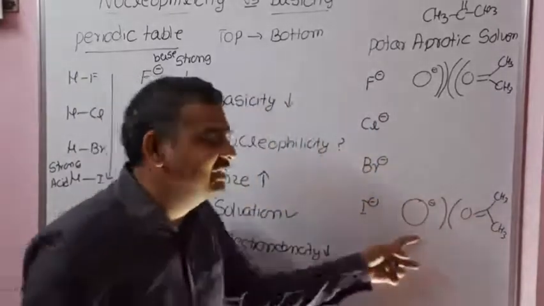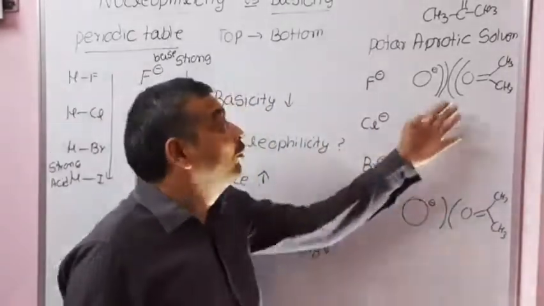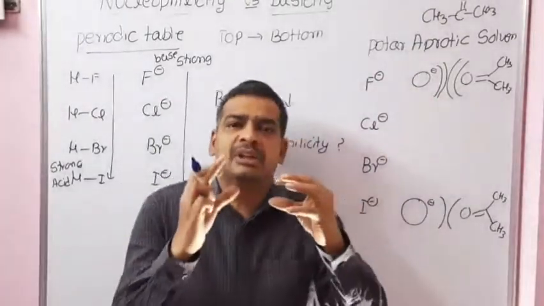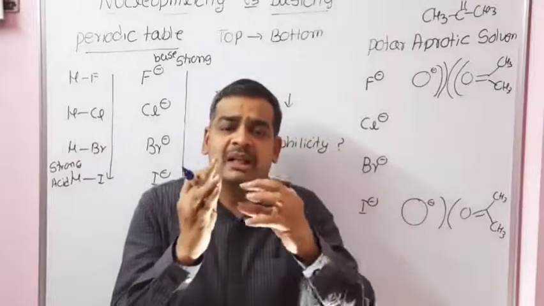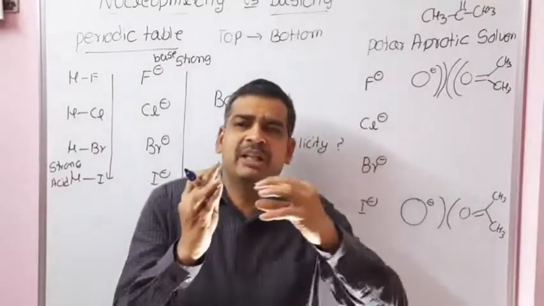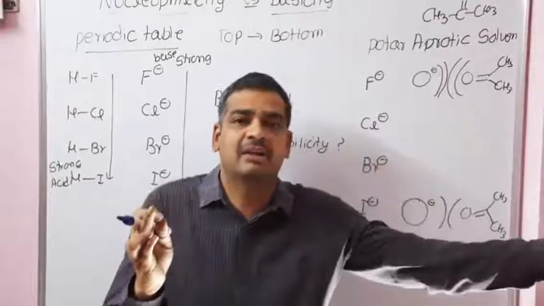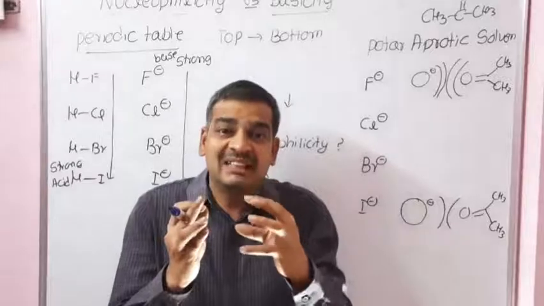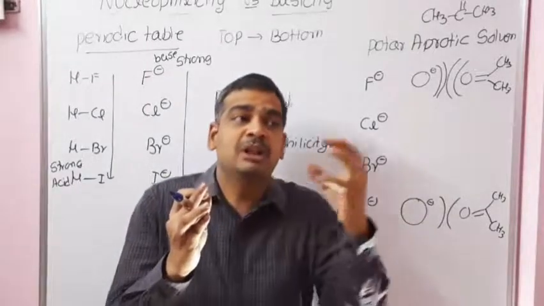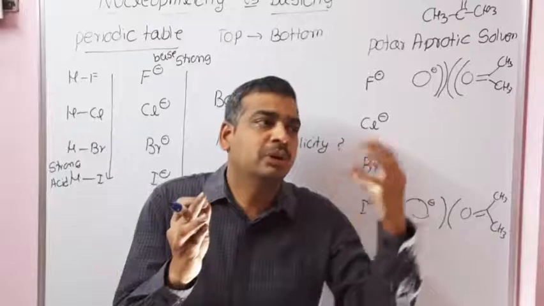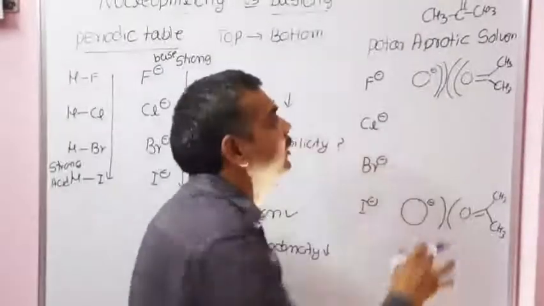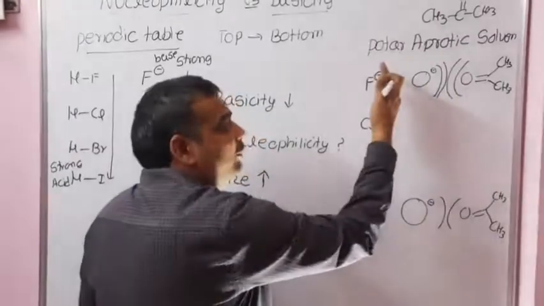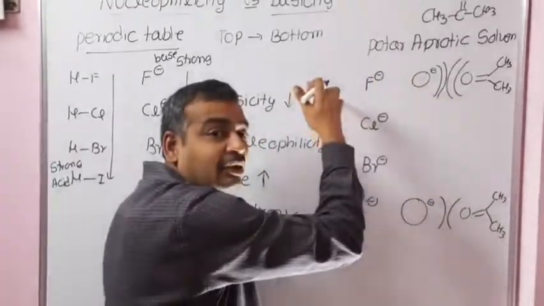So once F minus is in aprotic solvent, there are more repulsions and it is readily thrown away from the reaction mixture, and it readily attacks the electron deficient atom. In iodine, electron density is less and repulsions are less, so it is thrown away slowly and attacks the electron deficient atom slowly.